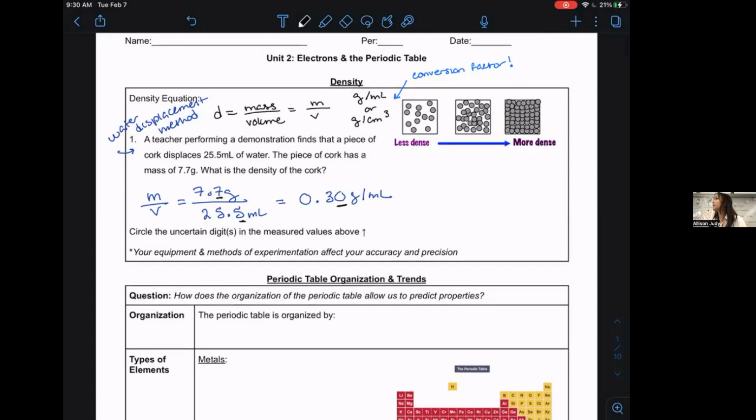Yes. So, round to the hundredths, please. So, here we're seeing a conflict between honors and prep. How am I going to explain this?